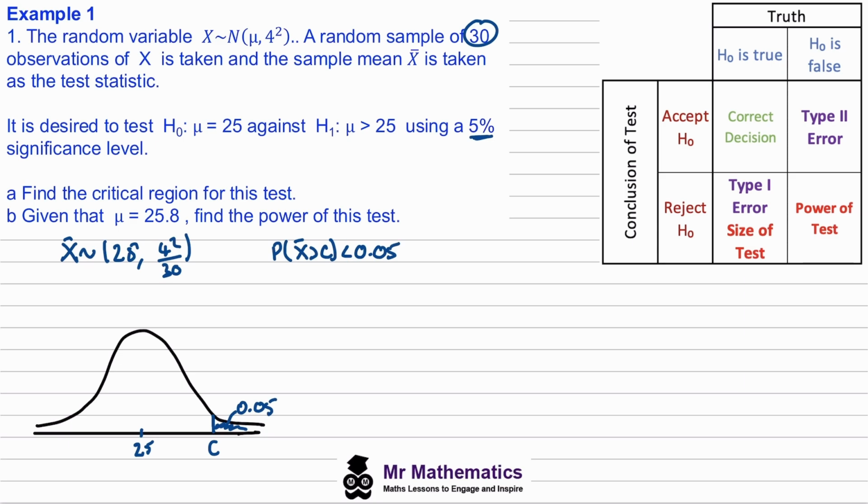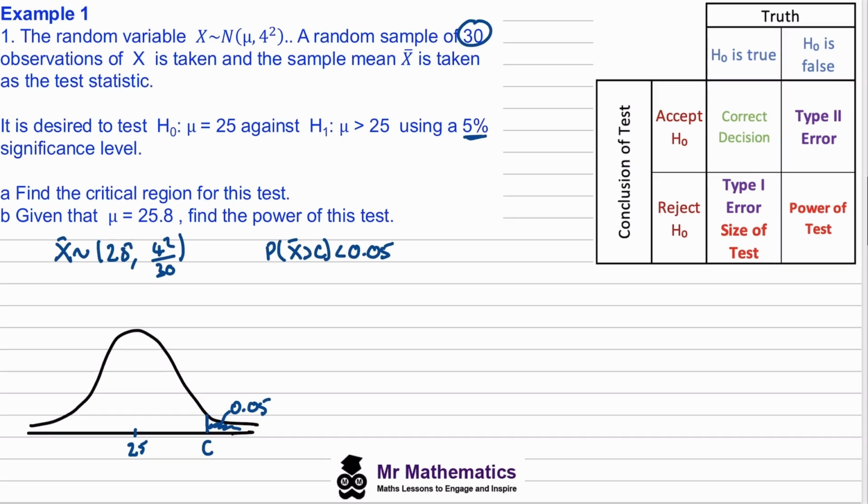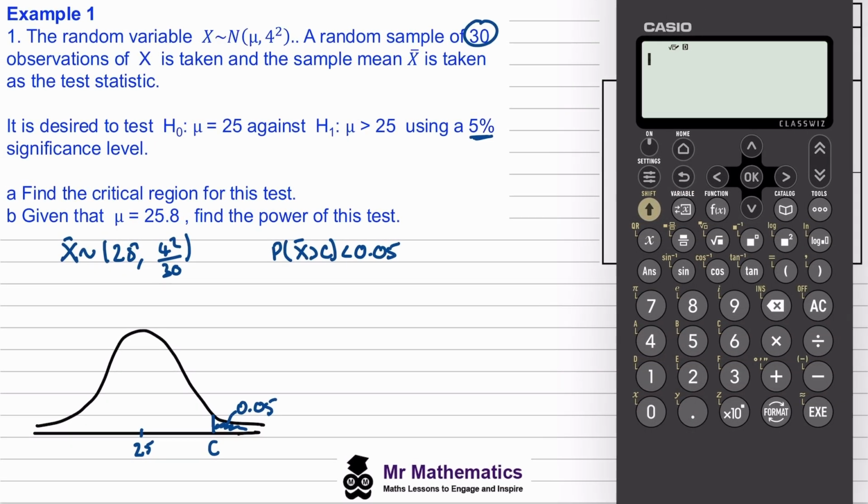We can work out this critical value using our calculator. If we go to Home and choose Distribution, we want normal, inverse normal. The area is going to be 0.95, that's the 100% take away the significance level.